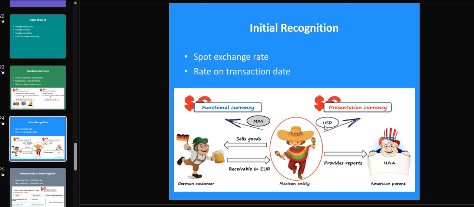Here the USD is the presentation currency, which the entity will present to the parent company. Here the functional currency is the euro and the presentation currency is the US dollar.